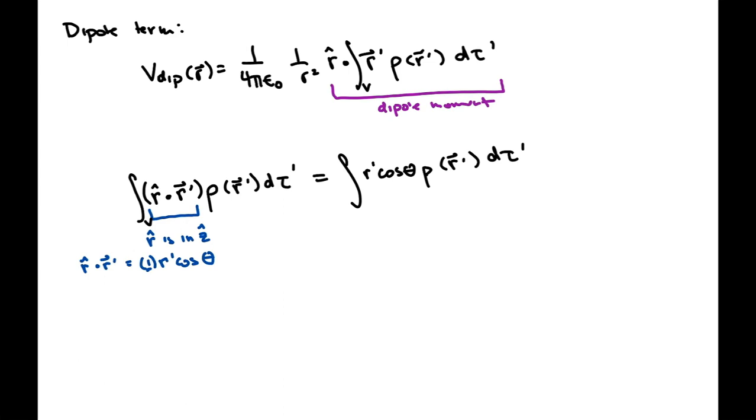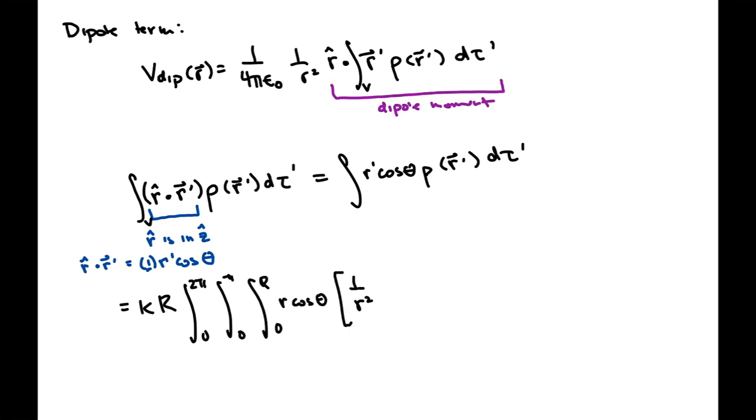All right, now I want to plug in what I have for my rho, and I'm going to pull out those constants k and r. Go ahead and put in our integration limits, pi and 0, r to 0, and then I get r cosine of theta, and that was 1 over r squared times big R minus 2r times the sine of theta, and then I still get r prime squared.